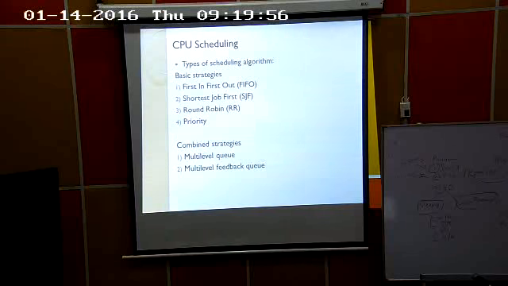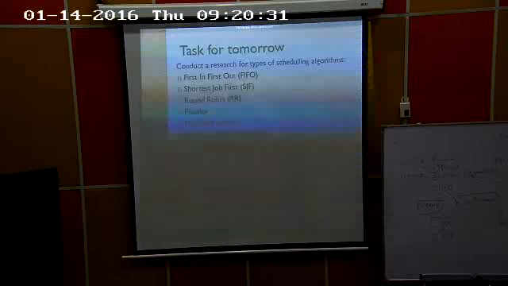Then combined strategies: multi-level queue and multi-level feedback queue, for example multi-level queue combined with FIFO and round robin. Multi-level feedback queue is usually based on a combination of priority and round robin with several queues. This one is one queue.